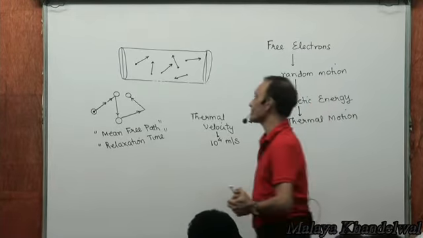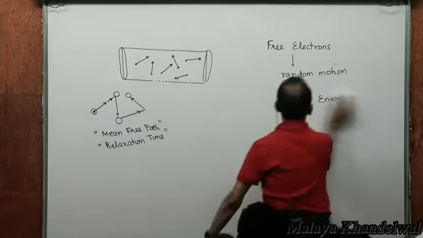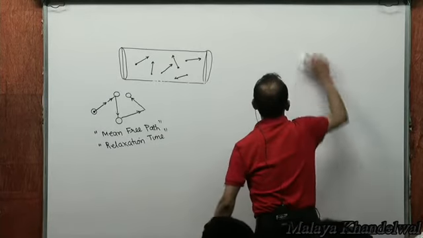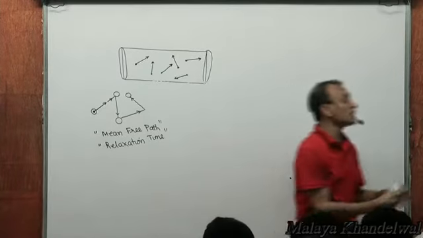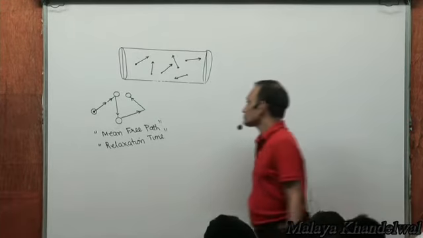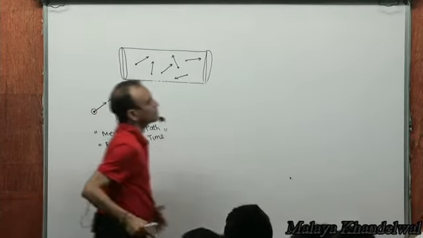Now, essentially then, when the only motion that these electrons have is because of temperature, thermal motion, there is a mean free path.